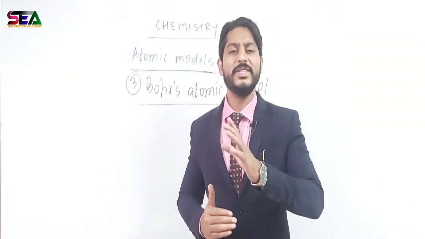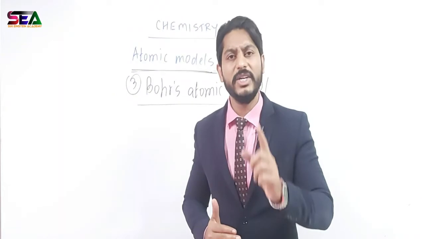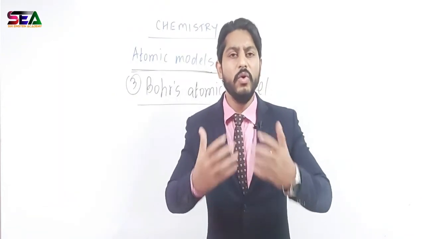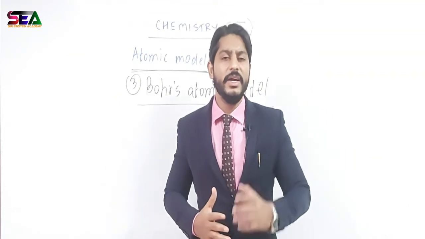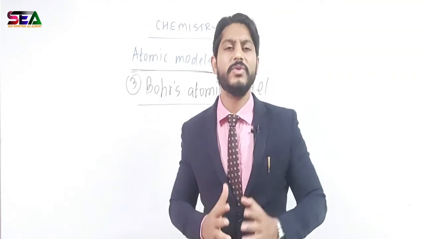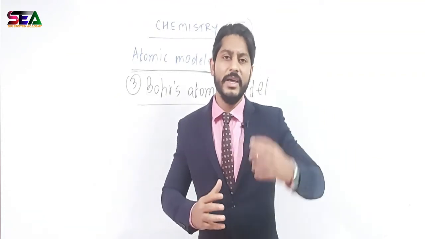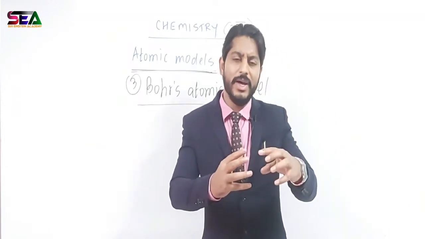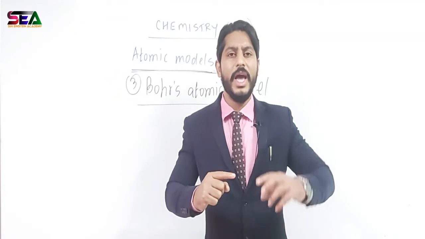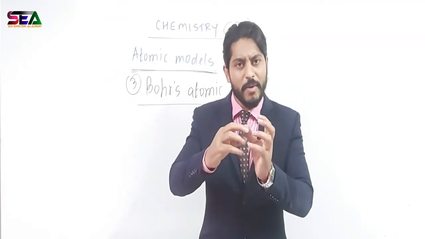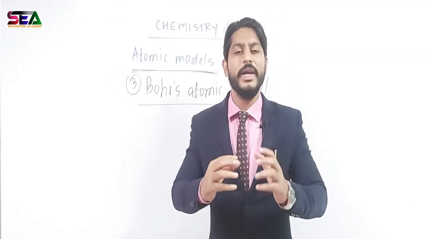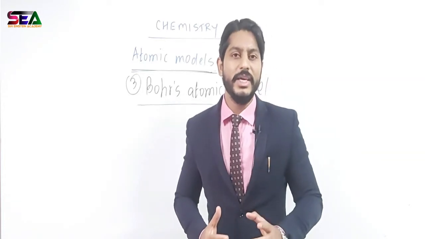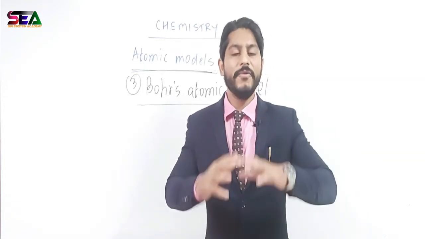So it is simply stated that as long as the electron is a member of a particular shell, it will neither lose nor gain energy. It will remain constant in terms of energy. So if an electron wants to jump from a higher level to a lower level, it will dissipate energy, and if it needs to jump from a lower level to a higher level, it will gain energy. This simply states the existence of shells.